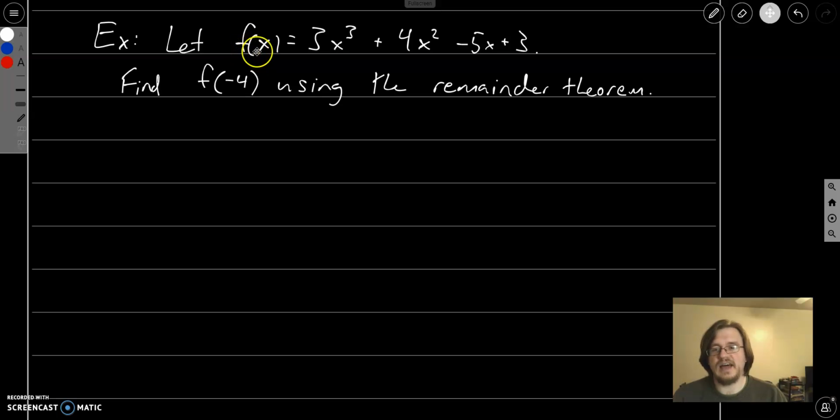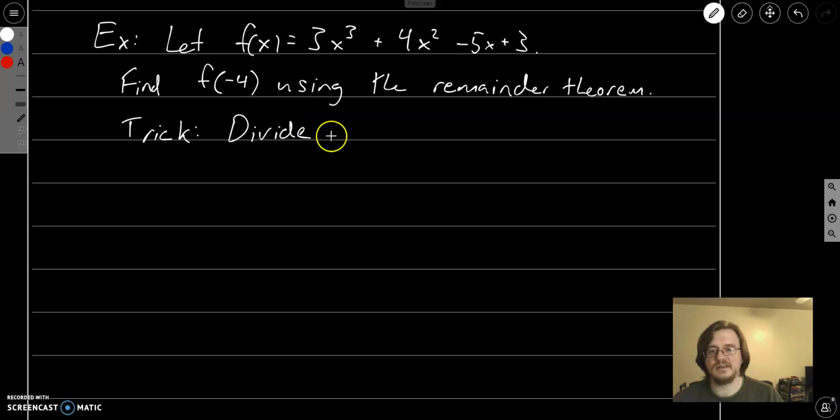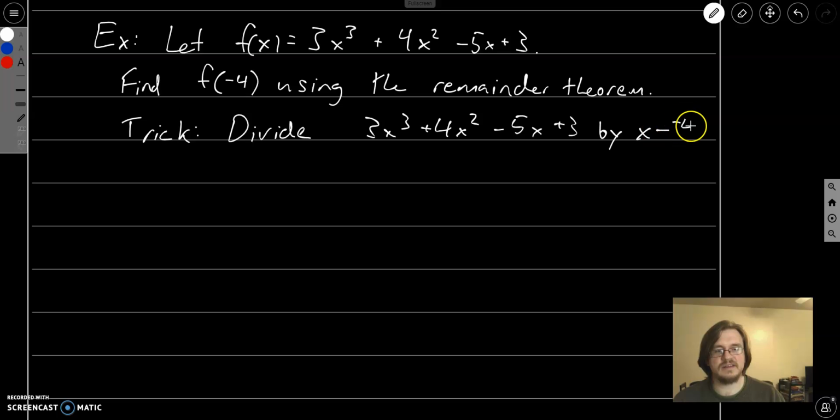Let's let f of x be equal to this polynomial, and I want to find f of negative 4. So the trick that they want us to use, the remainder theorem, I want to divide 3x cubed plus 4x squared minus 5x plus 3 by x minus negative 4.